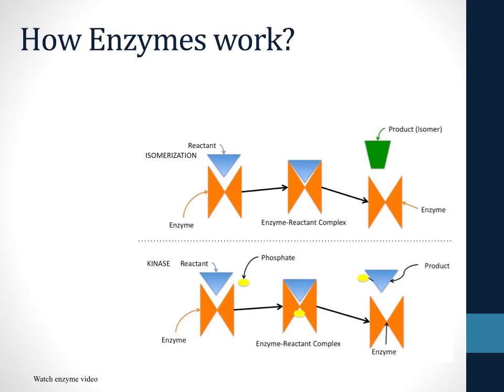An isomerase does isomerization. If I have an enzyme that is a kinase, it does kination reactions. If I have a synthase, I am going to synthesize.